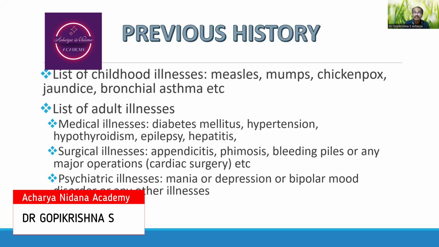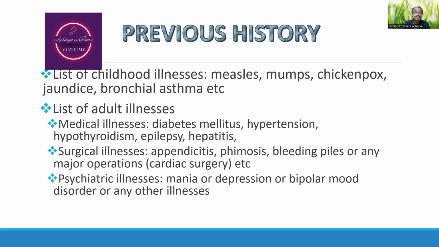Any childhood illnesses related to the presenting complaint or any other illnesses have to be recorded. For example, any kind of infections, respiratory infections, hepatitis or liver infections, etc. Or measles, which is a childhood illness, mumps, chickenpox, jaundice, and bronchial asthma have to be documented in the previous history, in the category of childhood illnesses.